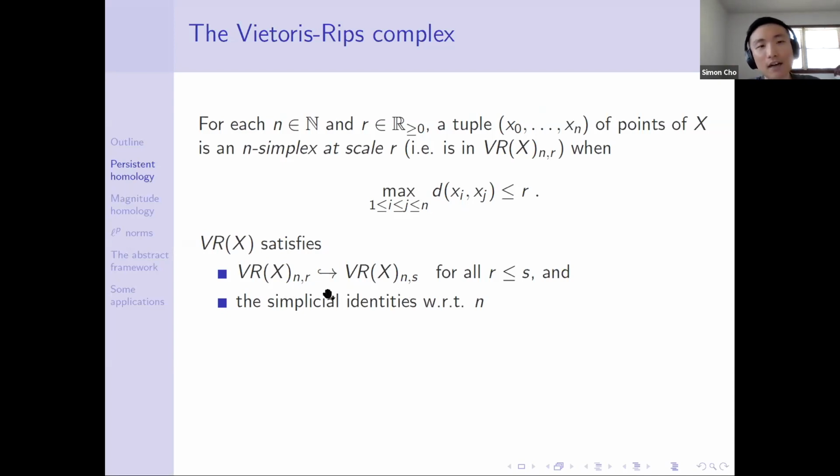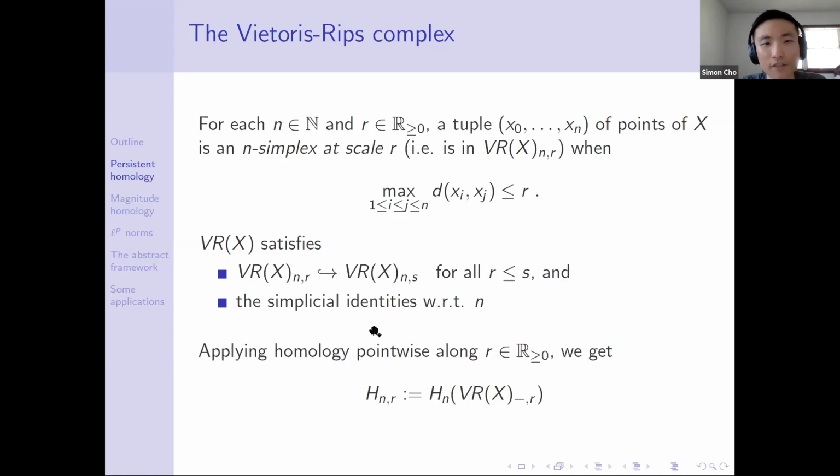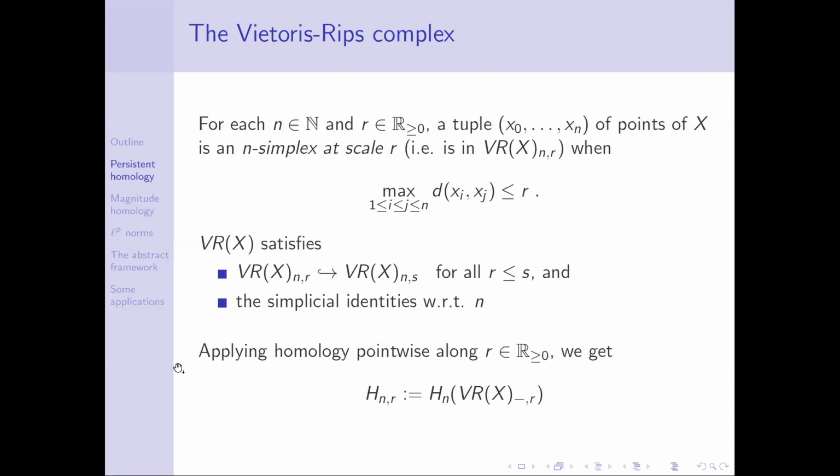That just means that if you fix r and range over all of n, it behaves like a simplicial complex, if you will. It's just saying that it behaves nicely geometrically. And if you apply homology pointwise along r, then you get the vector space that I talked about just now.